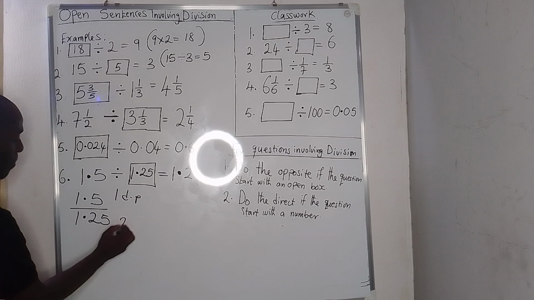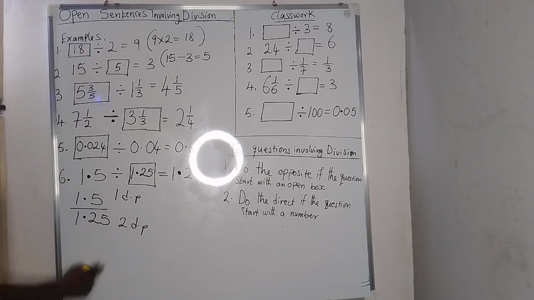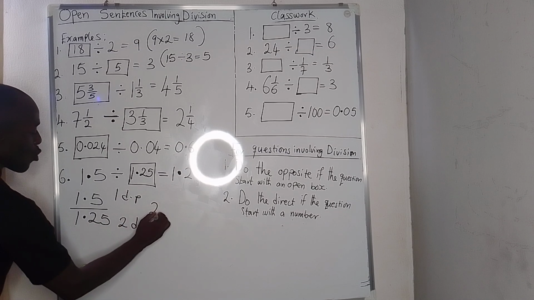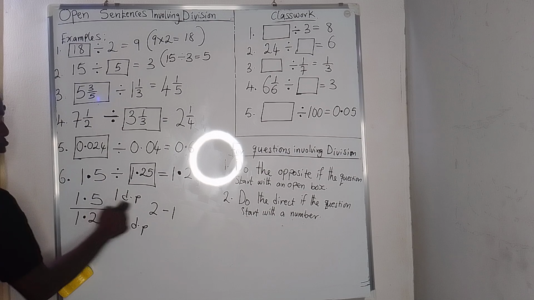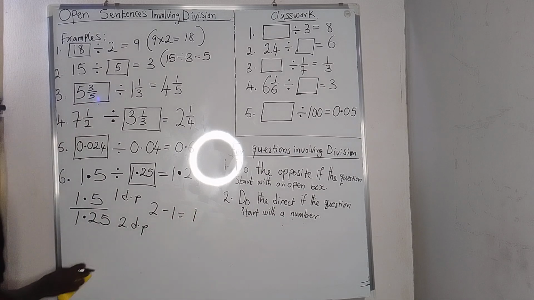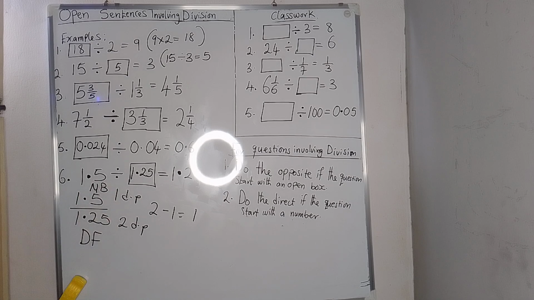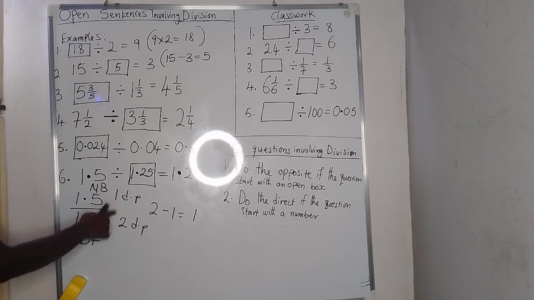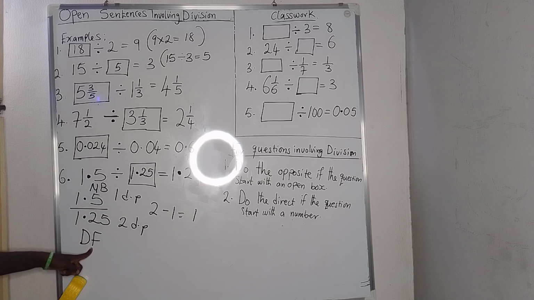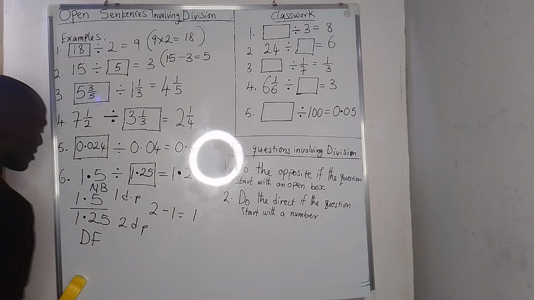This one, 1.25, has 2 decimal places. Pick the big one first. 2 minus 1 is equal to 1. Denominator is forward, numerator is backward. This one is bigger than this, so the denominator is bigger than the numerator. We are moving forward after dividing.